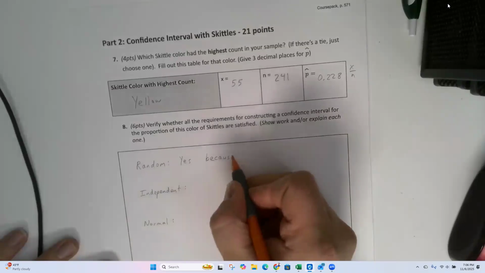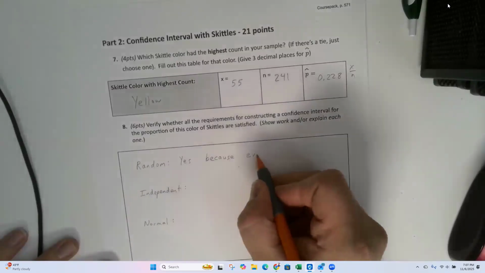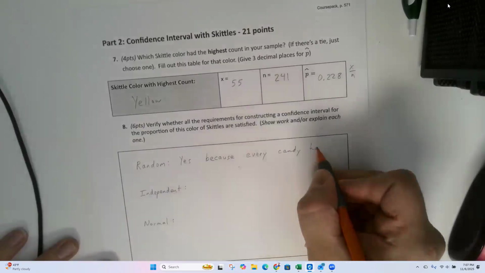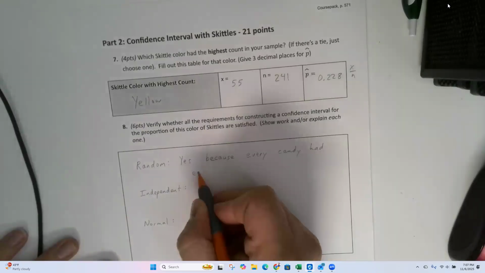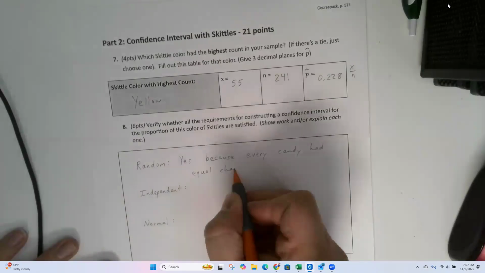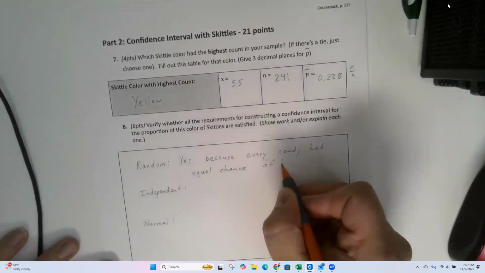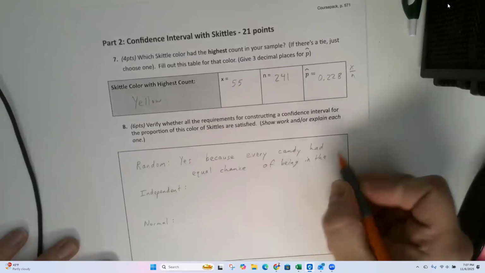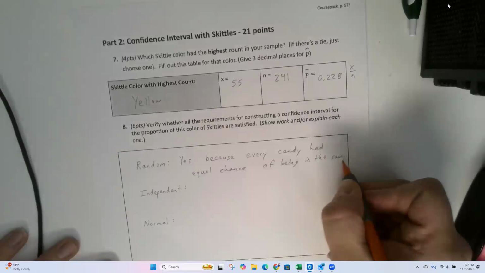This is random because every Skittle had equal chance of being in my bag, of being in the sample.